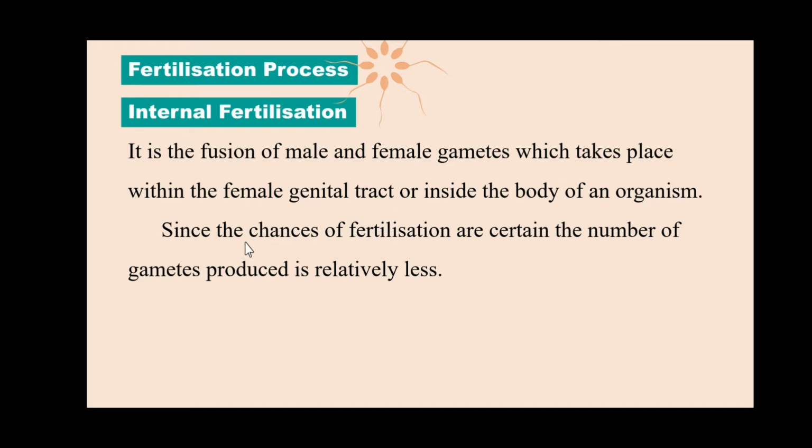Dear student, since the chances of fertilization are certain, the possibility of fertilization is maximum. That is why the number of gametes produced is relatively less.